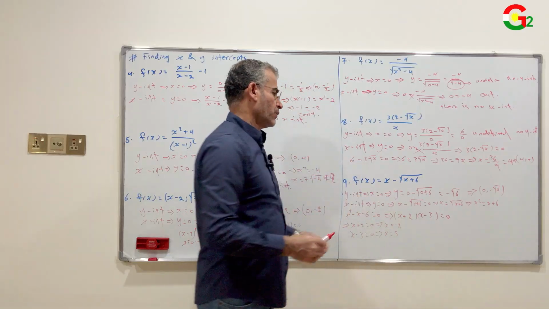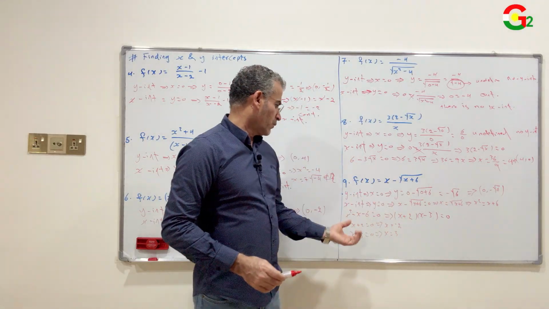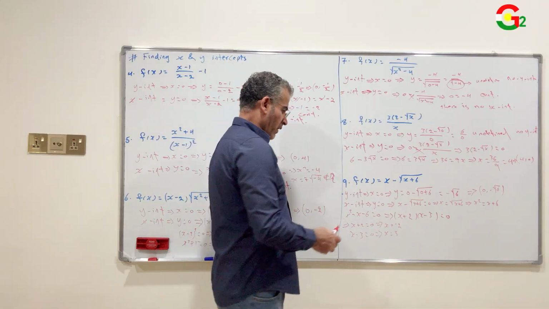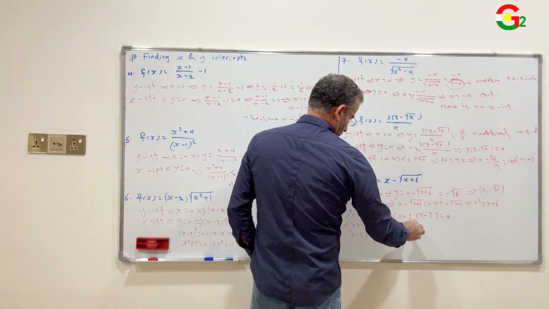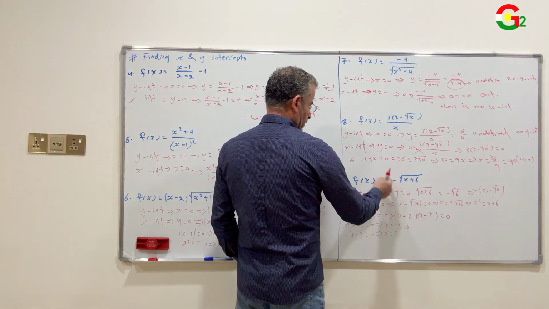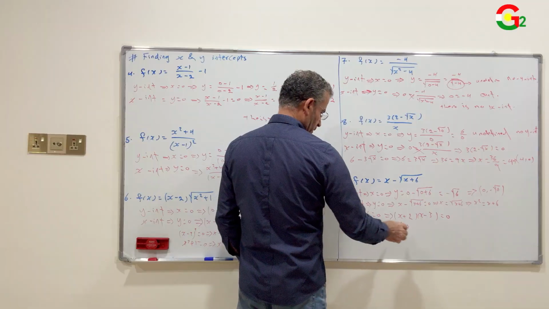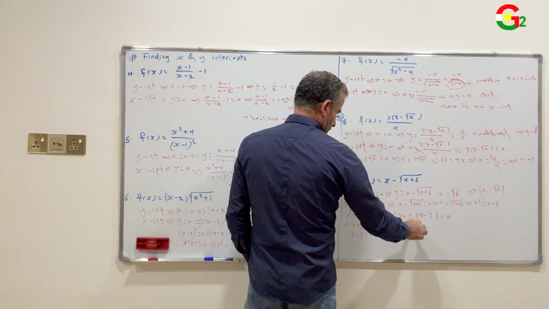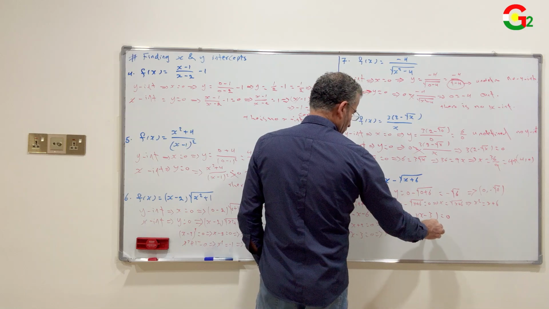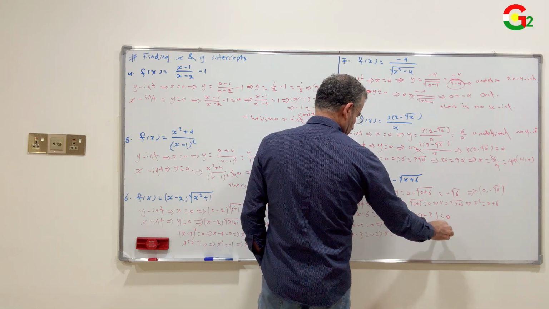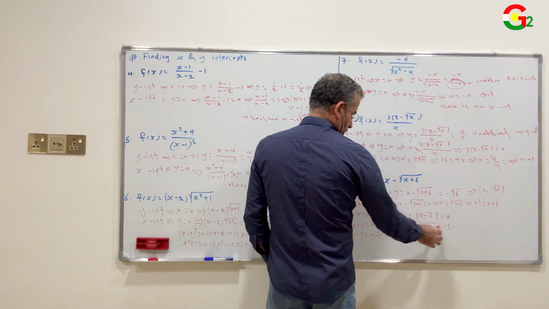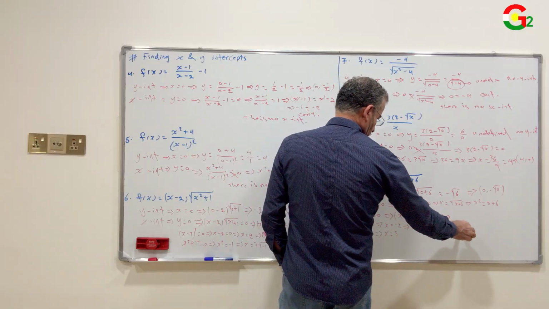When we have a square root in the function, we must check the x-intercept points we found. If we substitute negative 2 in the function, it should be 0. Let us check: negative 2 minus the square root of negative 2 plus 6 equals negative 2 minus the square root of 4, which equals negative 4.